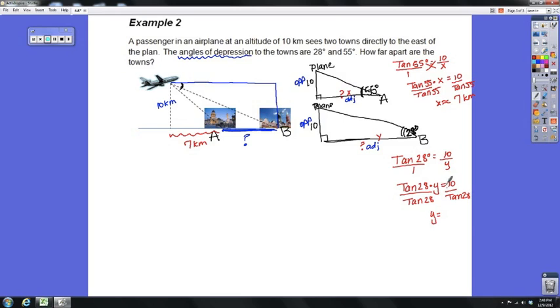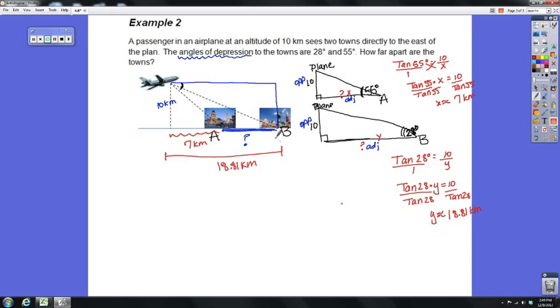So y equals 10 divided by tangent of 28, and that one will be approximately 18.81 kilometers. So that is this distance right here, 18.81 kilometers.